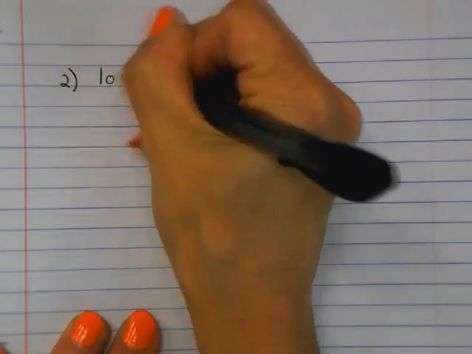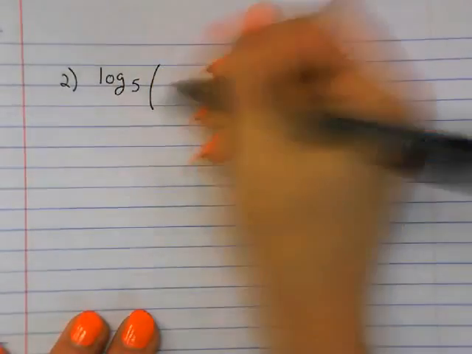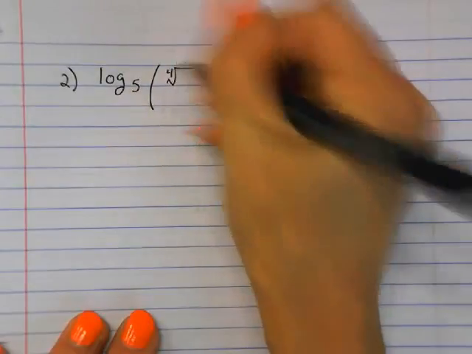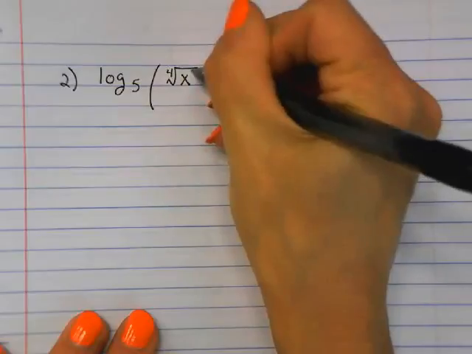Alright, let's try one more. Log base 5 of the 4th root of x, let's raise that x to the 3rd power, over 25y cubed.